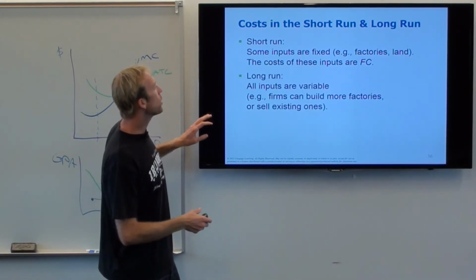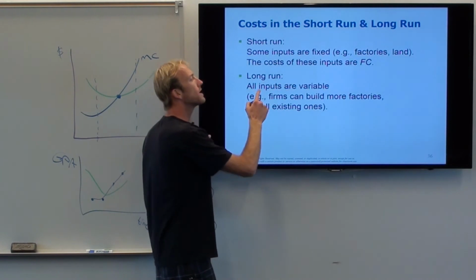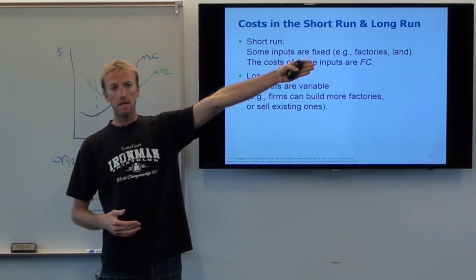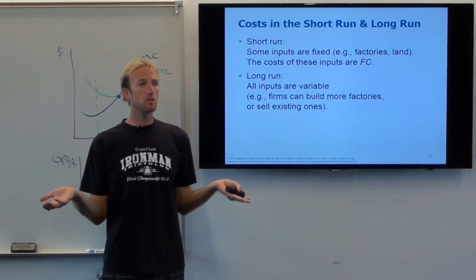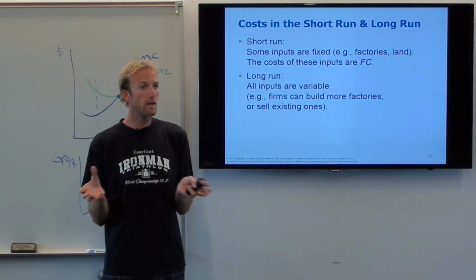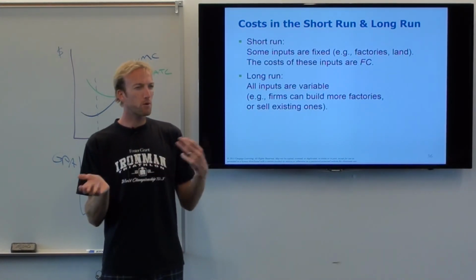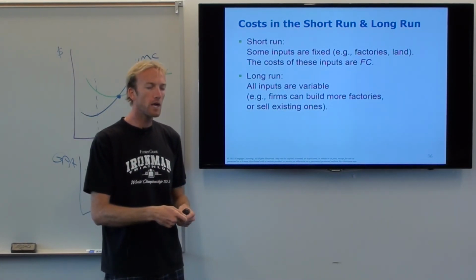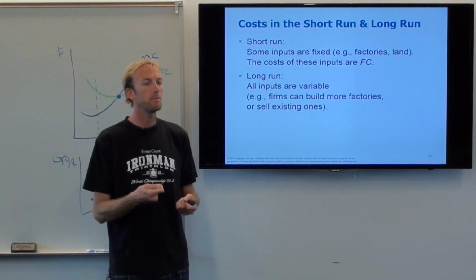Okay. In the long run, however, all inputs are variable. So in the super long future, a couple years from now, I can change the number of factories I have. I can change the number of taco shops I own, right? I can buy more or I can sell them. This process takes a long time, right? So tomorrow, the only thing I can change is the number of tacos I make and the number of people I hire.